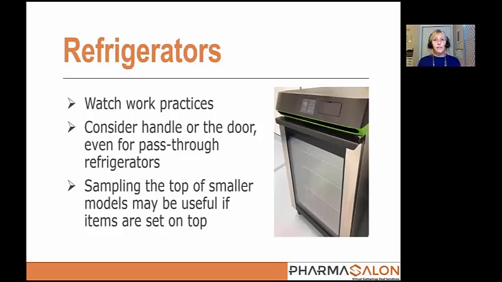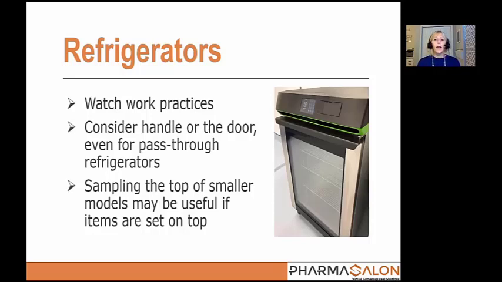Refrigerators. Now, this is kind of a tough situation. You may or may not have a refrigerator in your ante-room. You might have one of those beauties that is a pass-through refrigerator that lives between the unclassified and the ante-room, or lives between the ante-room and a buffer room. So again, you need to watch work practices and see how people are using this refrigerator.